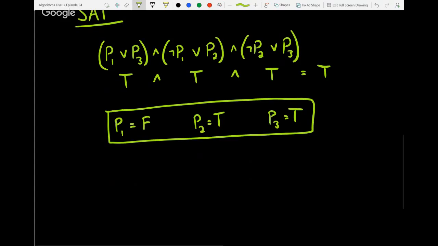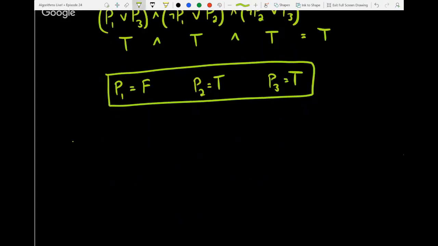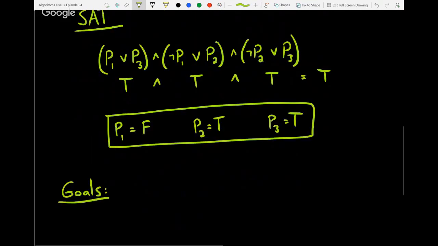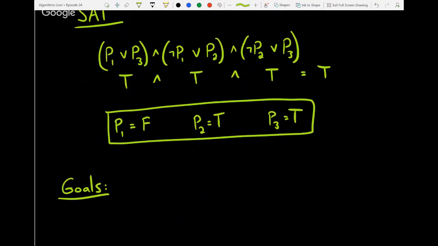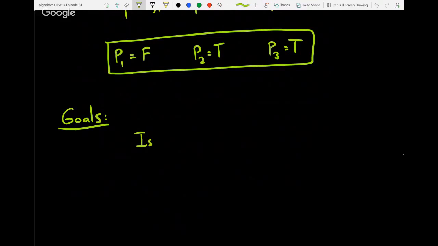All right, so let's talk about our goals for 2-SAT. If we're going to solve 2-SAT, we're going to be given a compound proposition and we're assuming it's given in conjunctive normal form. So our goals here are we want to know, is it satisfiable? So can we satisfy this statement?